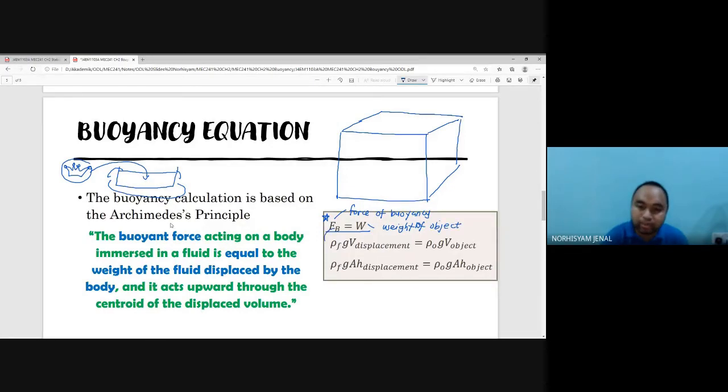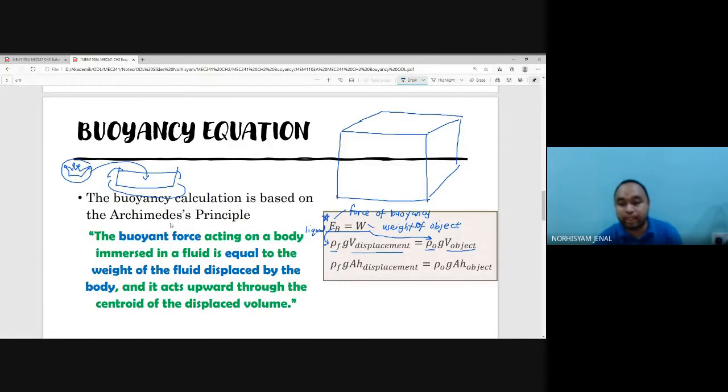Force of buoyancy can be calculated as density of fluid times g times V displacement. The weight can be calculated as rho object times g times V object. Force of buoyancy is for the liquid, and W is for the object.